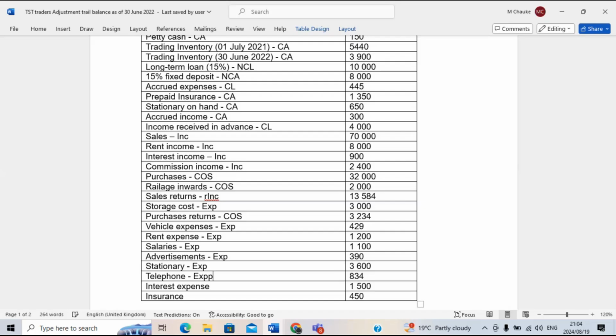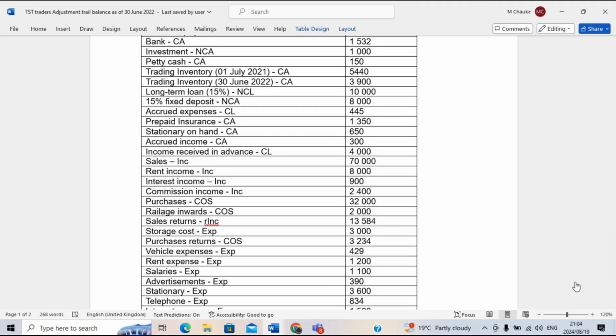And then interest expense is an expense, but remember they are categorized differently in the statement of profit or loss. And then insurance is an expense as well.